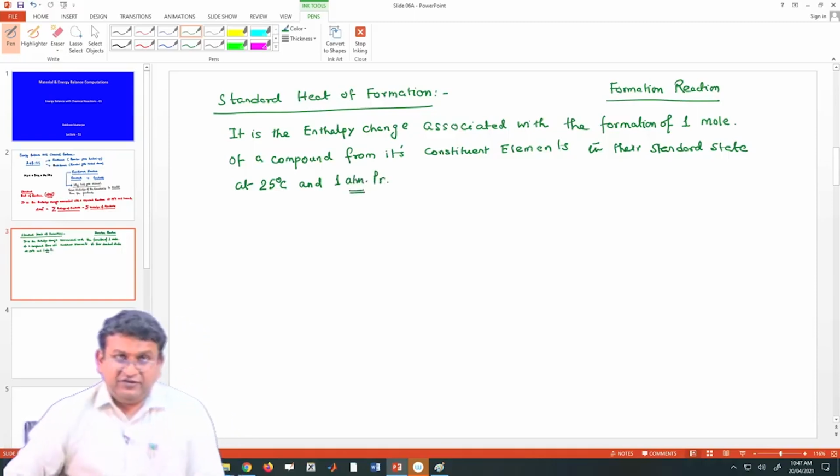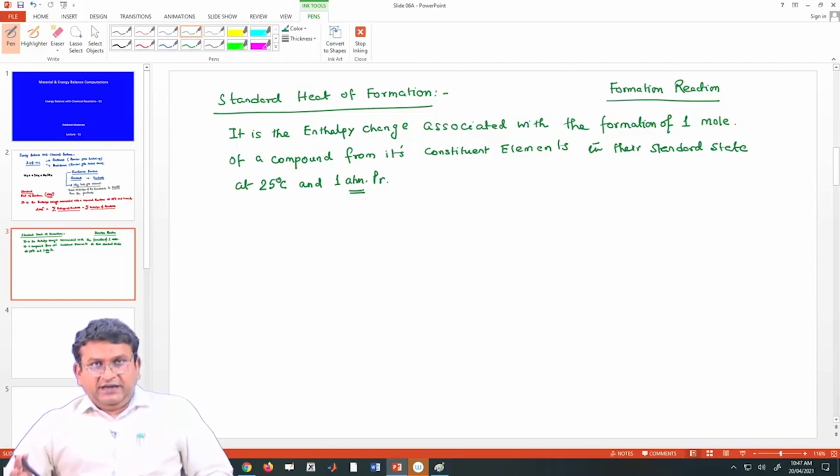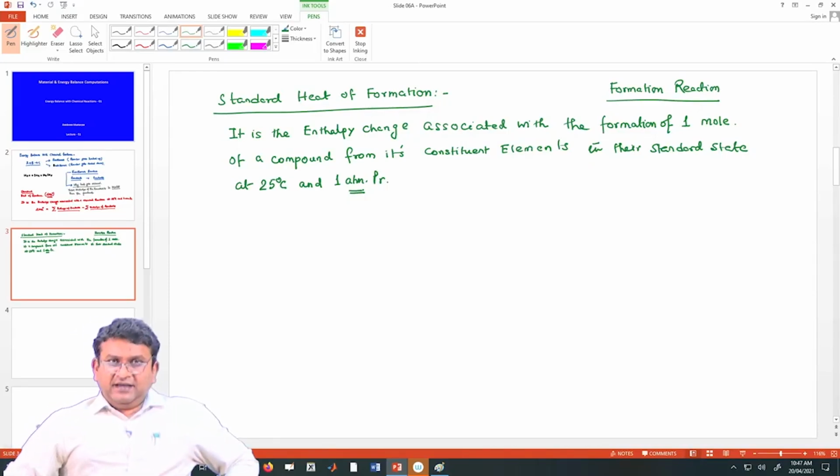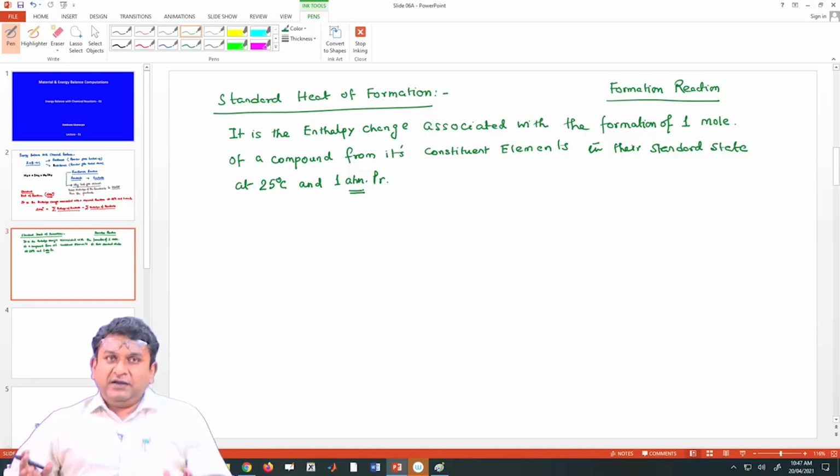Now, this is very interesting. What it means is the heat of formation is essentially the heat of reaction associated with the formation of a particular compound from its elements in their standard state.